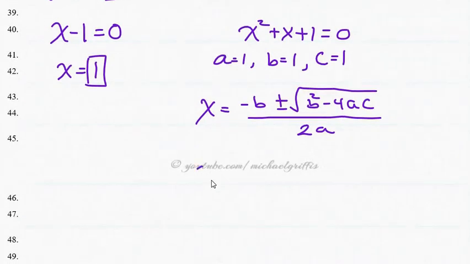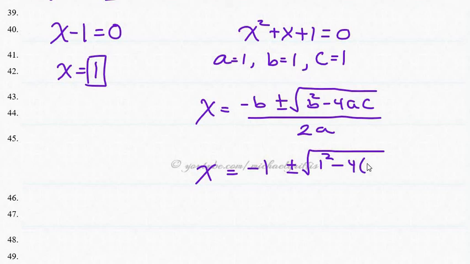Plugging everything into our formula, b is 1, so that's negative 1 plus or minus the square root of 1 squared minus 4ac, all over 2 times 1.